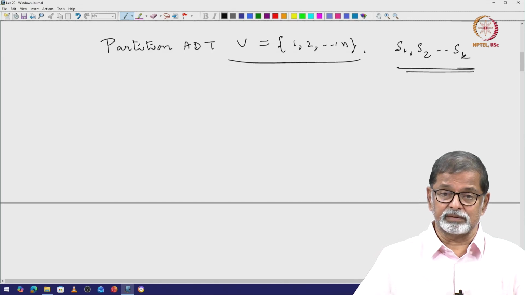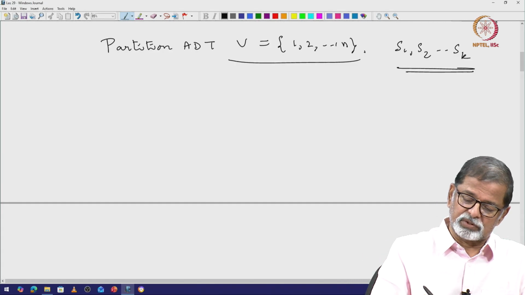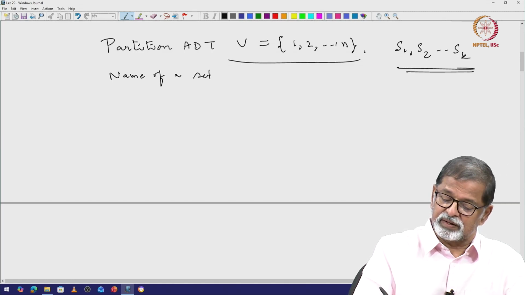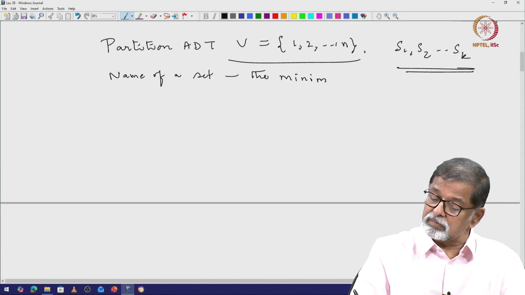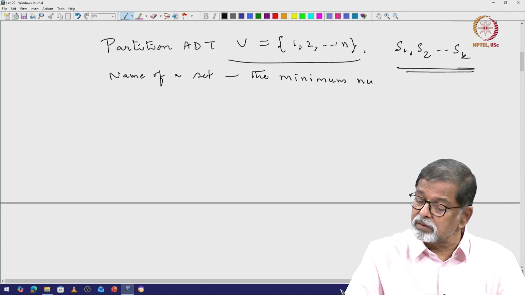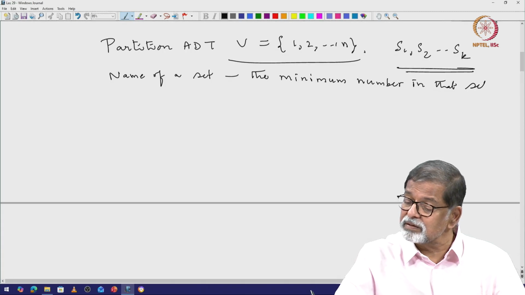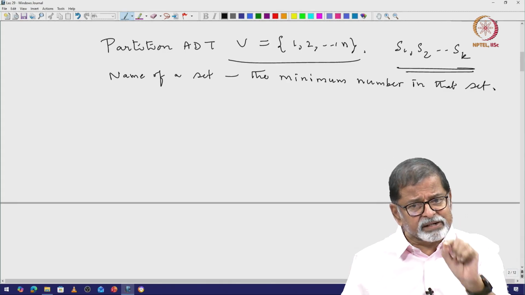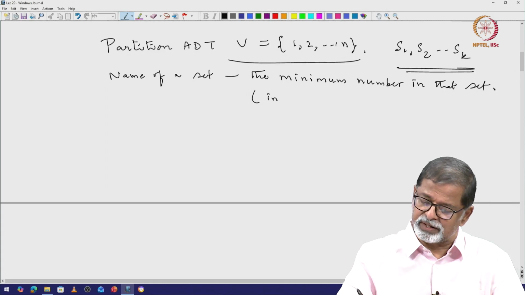This is the K partition, and we need an identifier because we have to refer to them in order to access and use them. So the name or identifier of a set is the minimum number in that set. In fact, you can use any number in that set because each number will be in exactly one set. We will use this flexibility later.